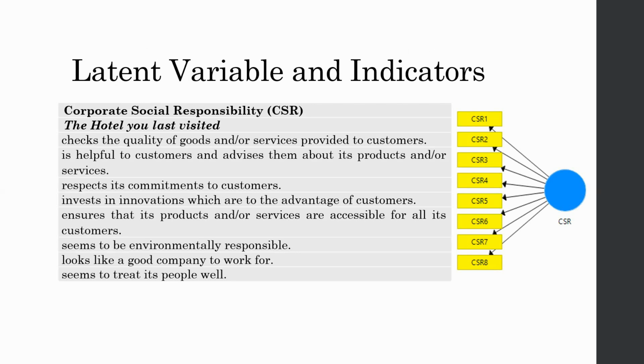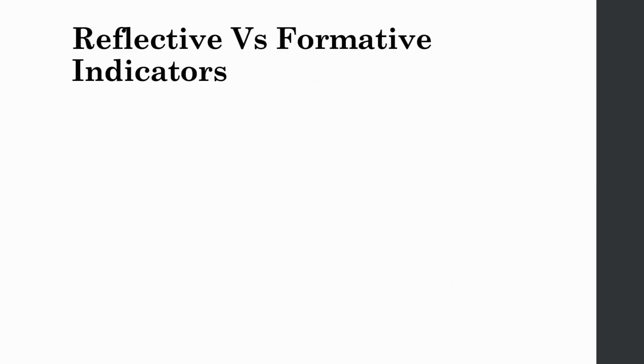The arrows can point towards the items, that is reflective, or the arrows can point from the items to the blue circle, and that will be called formative. So when the arrows are pointing towards these yellow circles, it is called reflective. And when the arrows are pointing towards the blue circle from these yellow rectangles, then it is called formative.